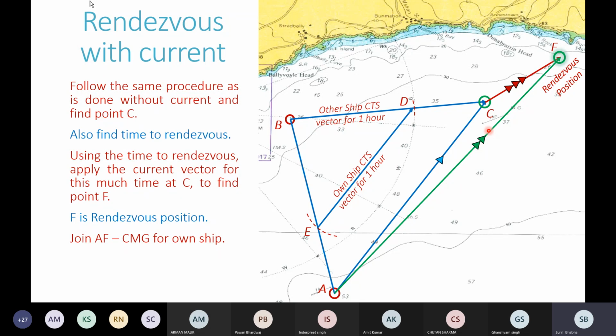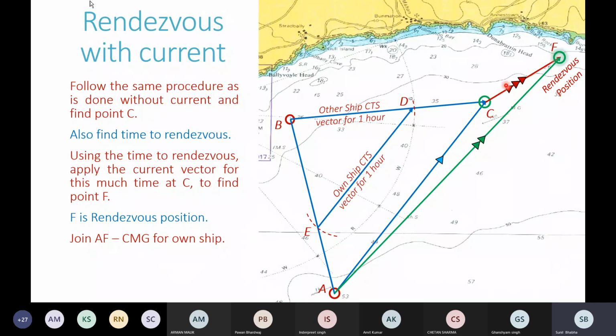Now if you look carefully, the blue color vector here, Alpha Charlie, is our course steered vector. This is the course which we are steering. If you remember, this Echo Delta vector was obtained using our engine distance. So this Alpha Charlie is our course steered vector.